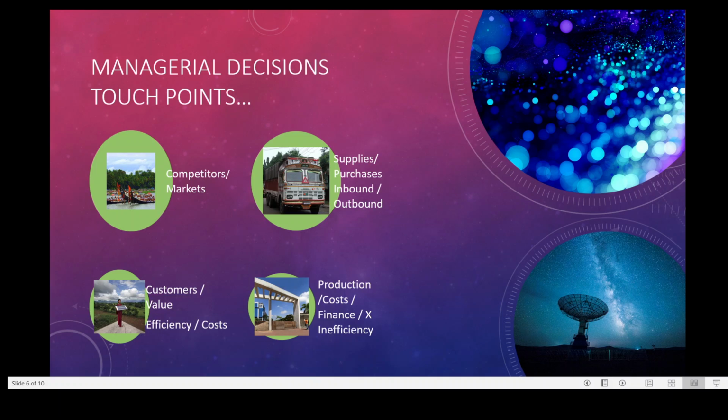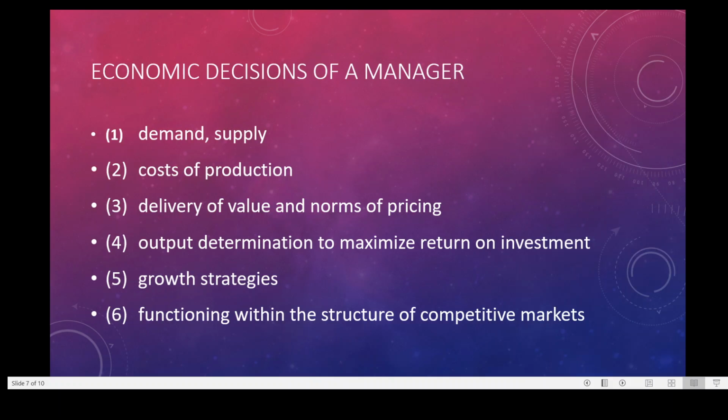Similarly, for value and efficiency which customers look to, how do we become more efficient in value? Similarly, I have to look at reducing costs continuously, bring down the costs of finance. Can I exploit, I'm sorry, the inefficiency of my competitors, trace them, and then beat them at it?